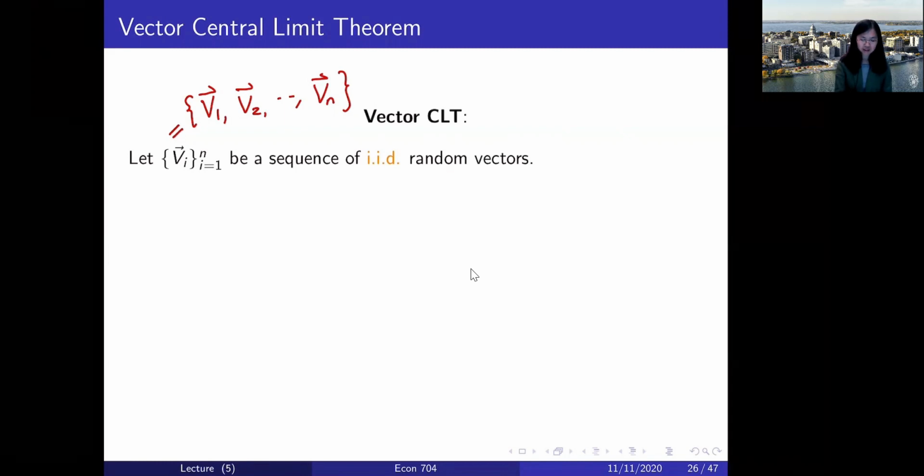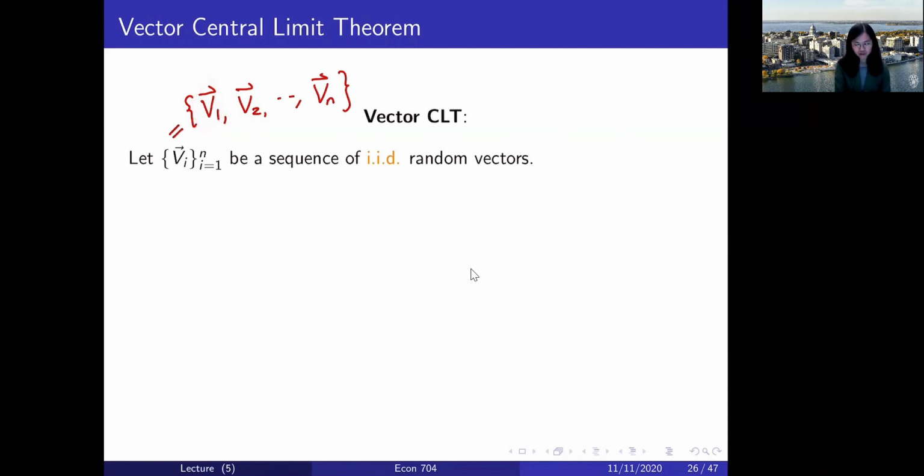What this means is V1 is independent of V2, V2 is independent of V3, and so on and so forth. Across i, you have independence, and also the CDF of each random vector for each i is the same.